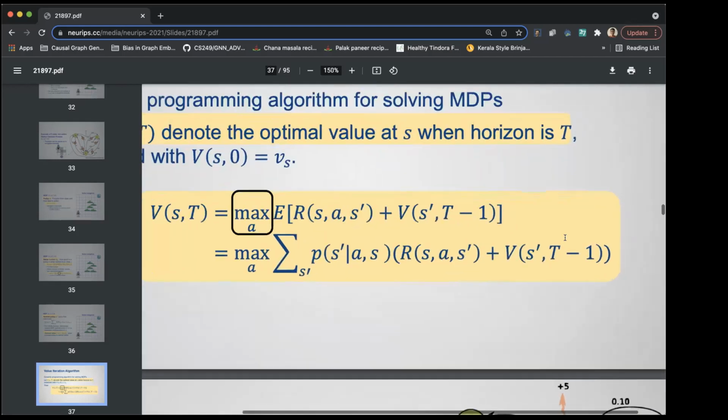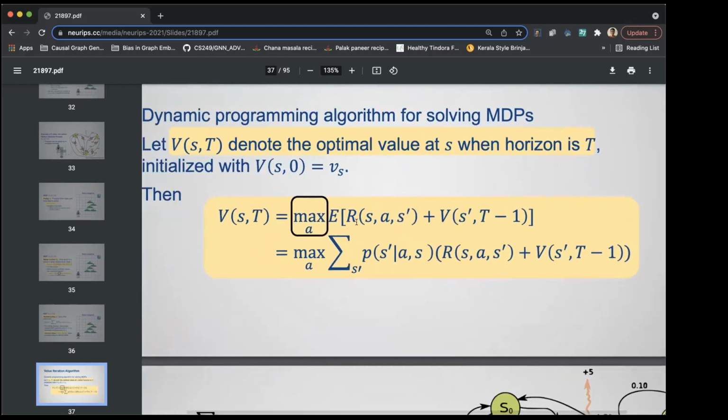Does anyone have any questions about this recursive relation here? Okay.